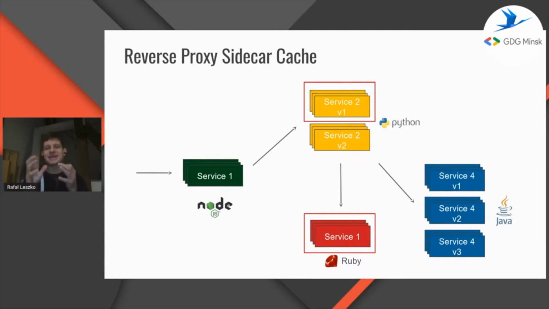It's in a declarative manner, in a configuration way. You just change the configuration and you add the caching functionality. That is the whole beauty of reverse proxy caching, that you don't touch the code of the service.